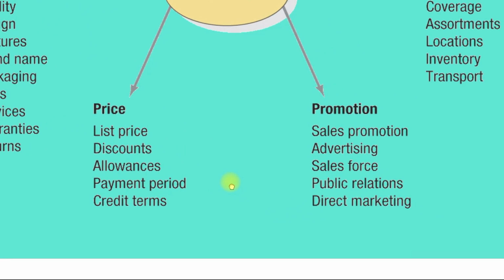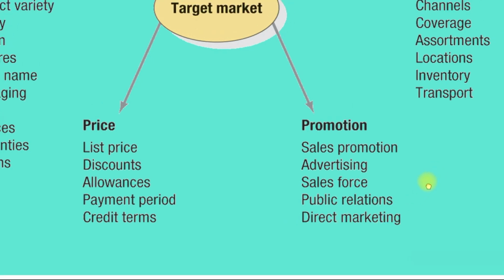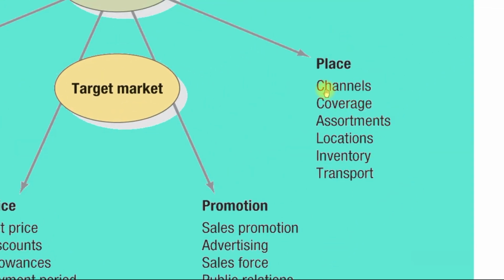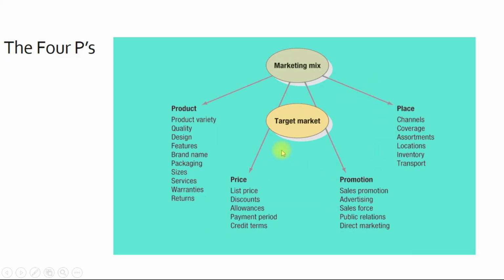The promotion, the sales promotion, advertising, sales force, public relation, direct marketing. Under place, you have channels, coverage, assortments, location, inventory, and transport. These are the 4 P's of marketing.